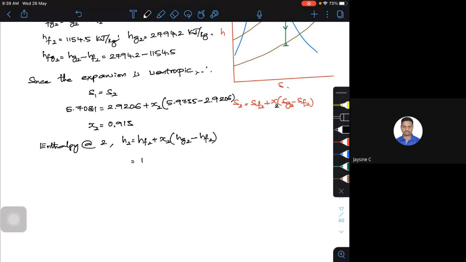It is 1154.5 plus 0.91 or 0.913 into Hg2, which is 2794.2 minus 1154.5. All are in kilojoules, so your H2 also will be in kilojoules.